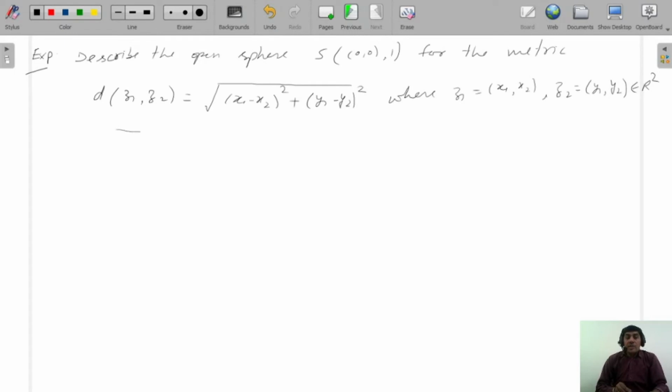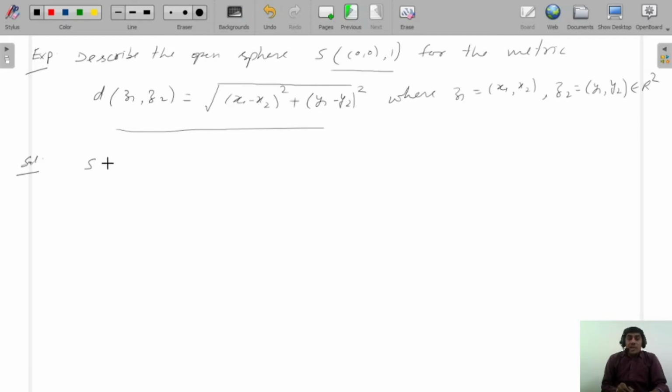We draw a sphere centered at (0,0) with radius r using the metric d(z1, z2) is equal to the square root of (x1 minus x2) squared plus (y1 minus y2) squared.